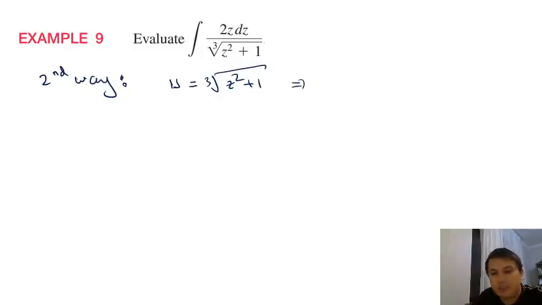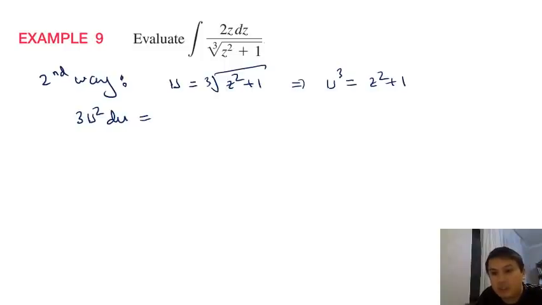But from here, I can take the cube of both sides, right? Then I'll get u cubed is equal to z squared plus 1. Now let's take the derivative of both sides with respect to, sorry, not x, with respect to z.